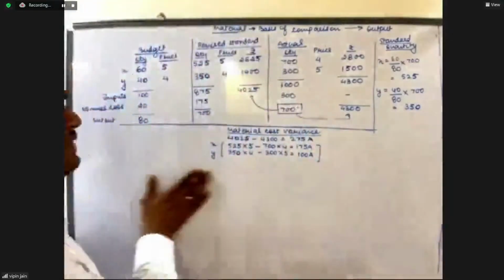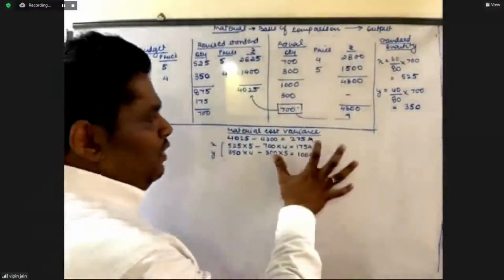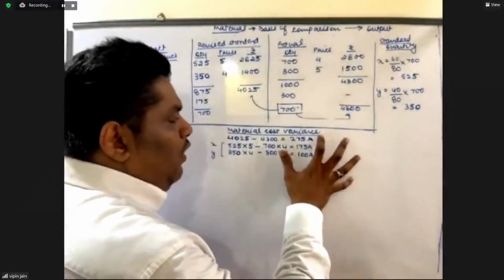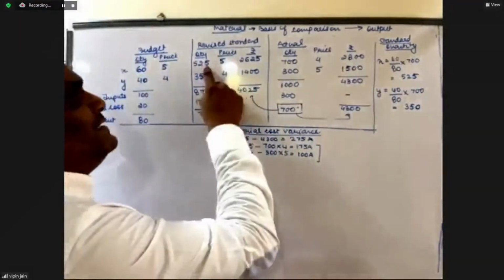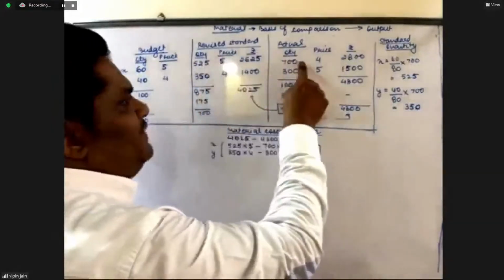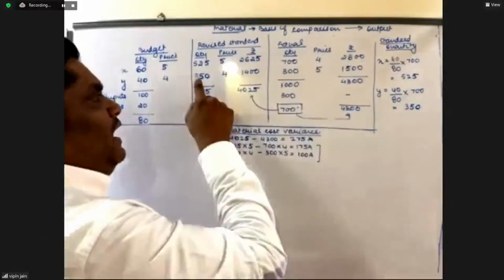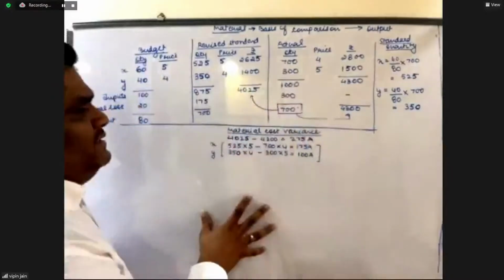So now let's start with the analysis again. Herein, for this loss of 275, two factors are contributing. The first factor is the quantity. That is, 525 kgs we were supposed to use, but we actually used 700 kgs. Again, 350 kgs we were supposed to use, but we actually used 300 kgs.